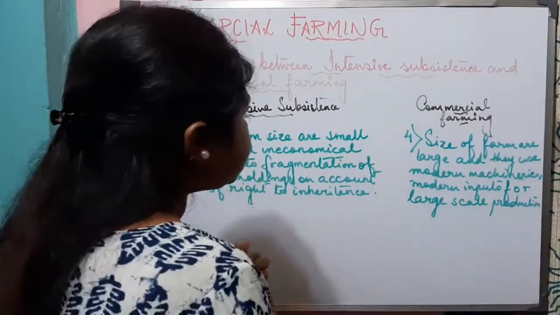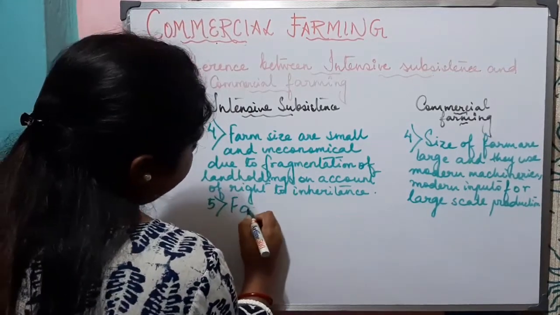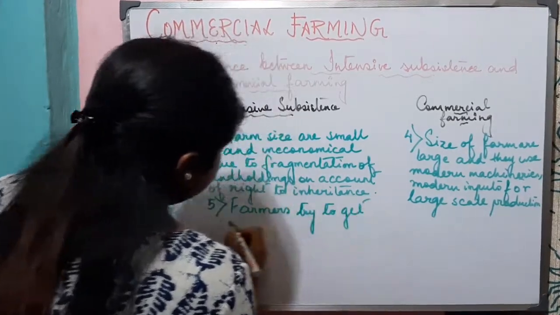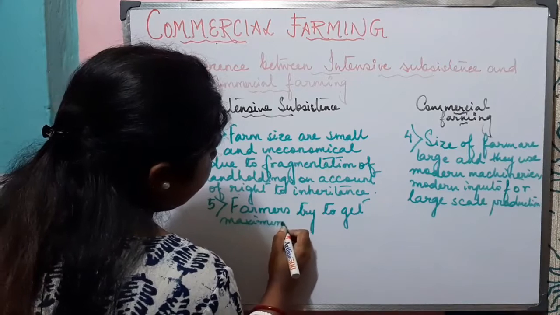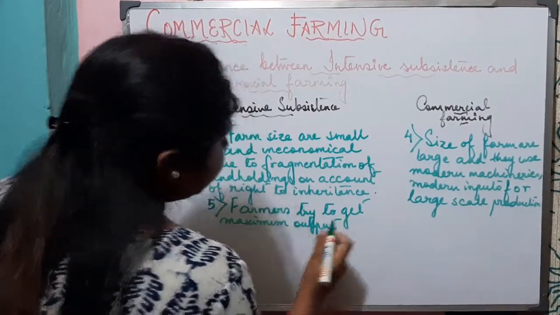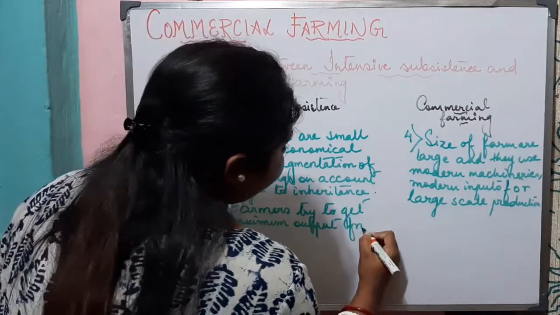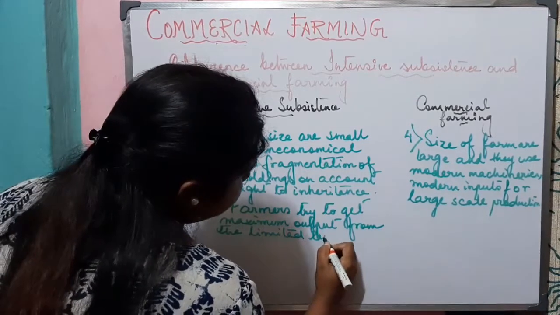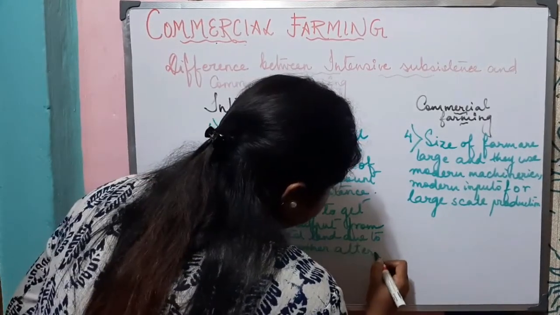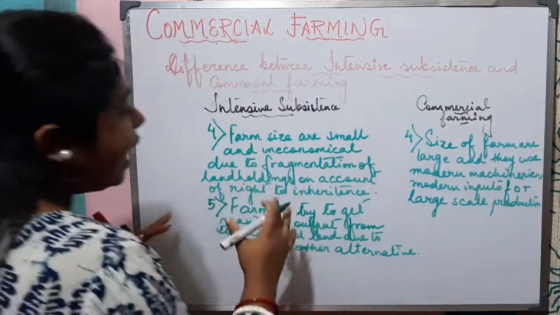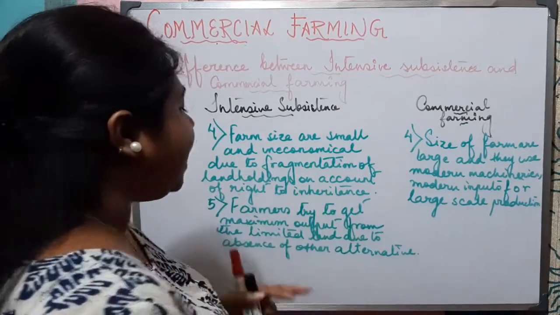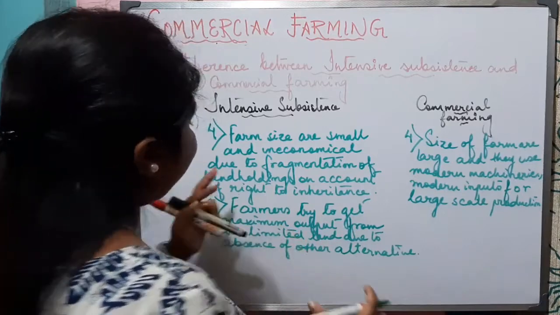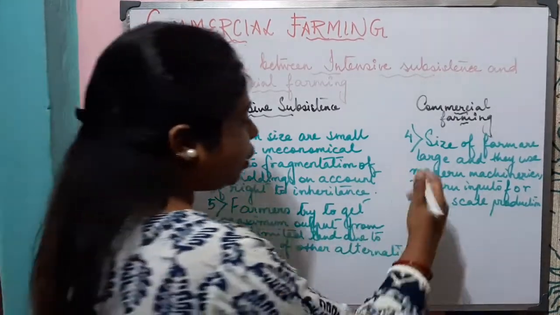In intensive subsistence farming, we will see that the farmers try to get maximum output from the limited land. Now they do not have any other alternative from where they will obtain the output. So whatever land is available to them, which is limited, they try to obtain the maximum output from this limited land.